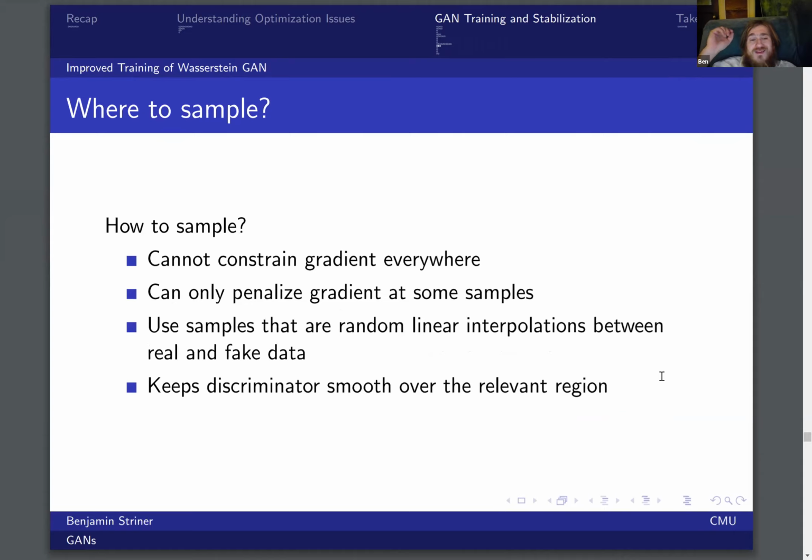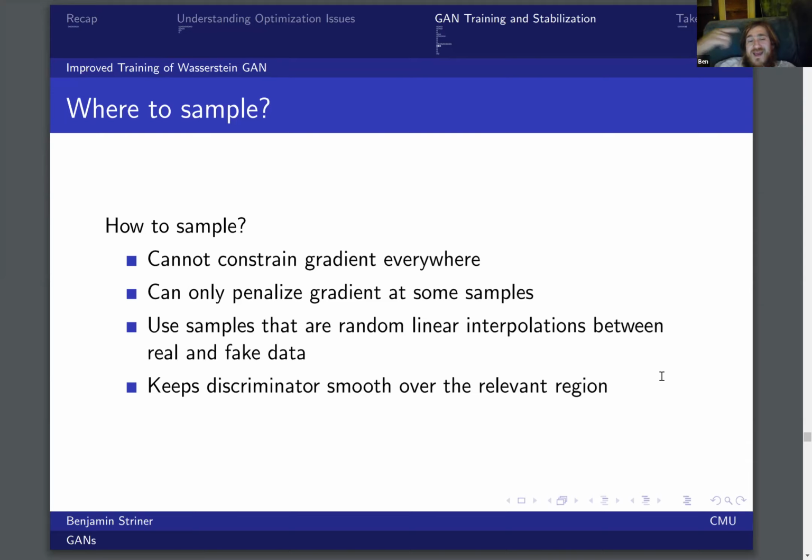So what I do is randomly pick points by interpolating between real and fake data. I don't care if the Lipschitz is not 1 everywhere in the world if I'm not using that part of my network. It's a region of the space no one ever gets to. The important thing is I'm going to sample a bunch of points in between my real and my fake data, and make sure that the Lipschitz is about 1 in the region between my real and my fake data.